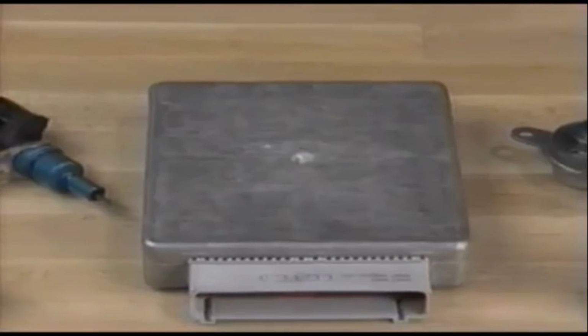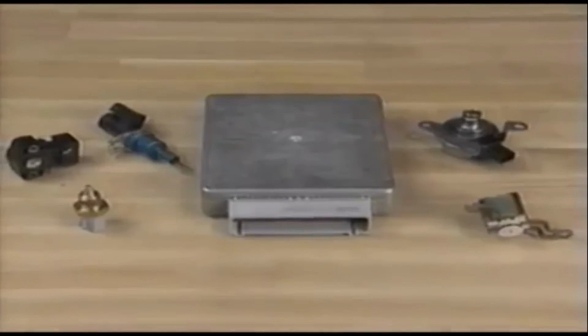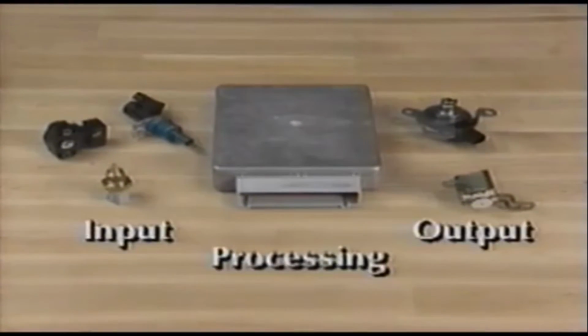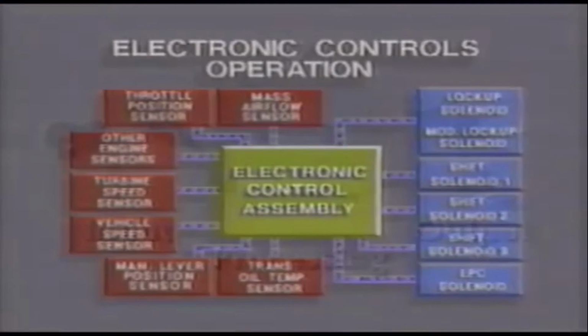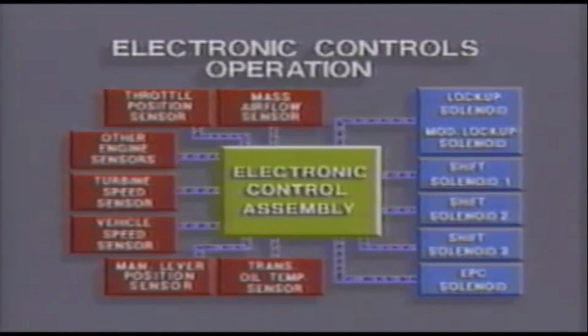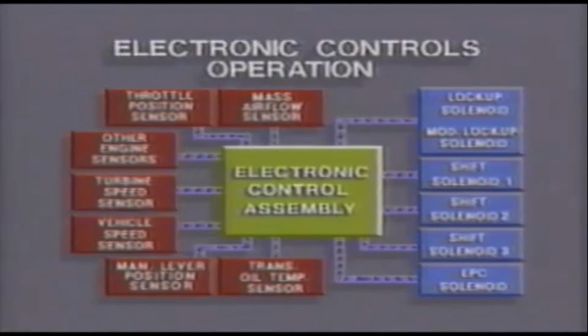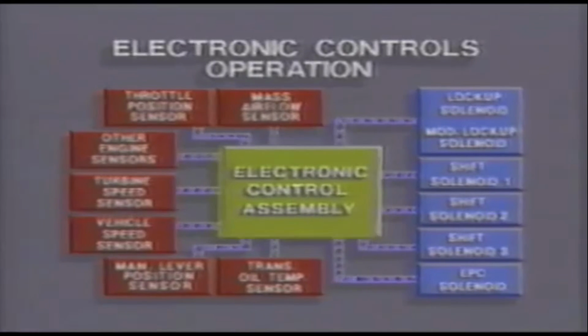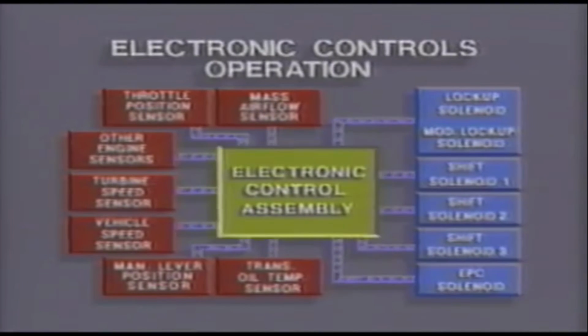Electronic control systems depend on three types of devices to operate, namely input, processing, and output. Input devices are usually sensors and switches that monitor specific conditions and components. Devices such as the airflow sensor and the turbine speed sensor are continually monitored by the control unit, or processor.